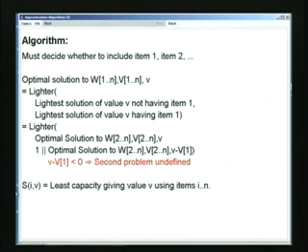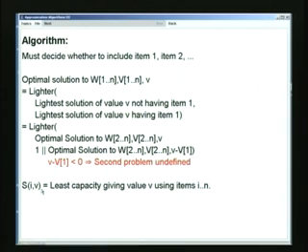Okay, so here is the expression in terms of which we are going to define our recurrence. So, S(i, V) I am going to define as the least capacity knapsack which can give me value V using items i through n. So, this i defines this i, this is the same i, and this V defines the value that we want.